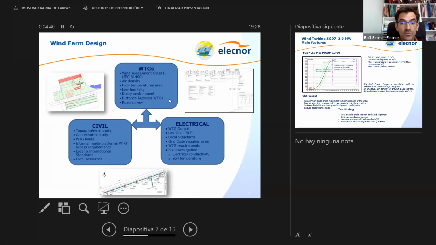In the design, we took care of this condition, mostly for the turbines. Civil and electrical are not quite difficult, but for the turbines, we should take care of this high temperature and the dusty environment. And also a condition that we only found in Shagaya, that is the really lower air density, which is affecting the performance of the turbine a lot.